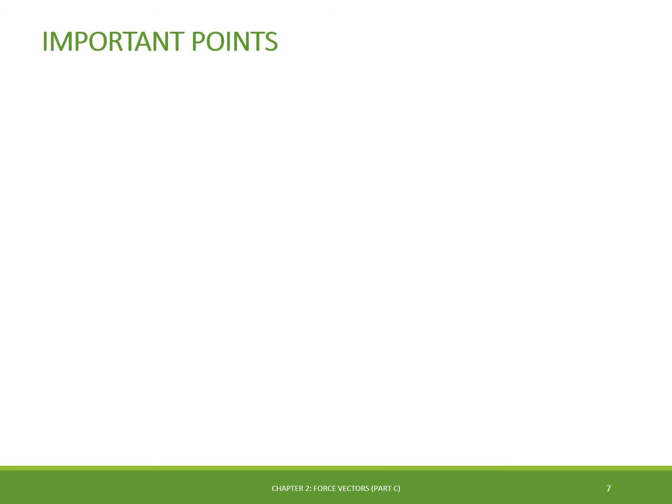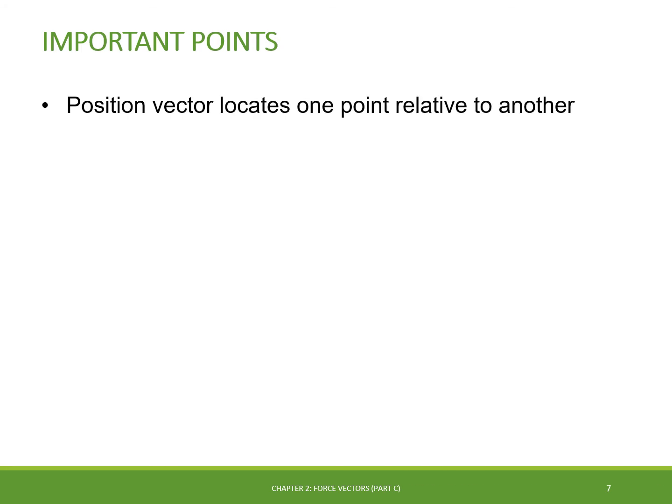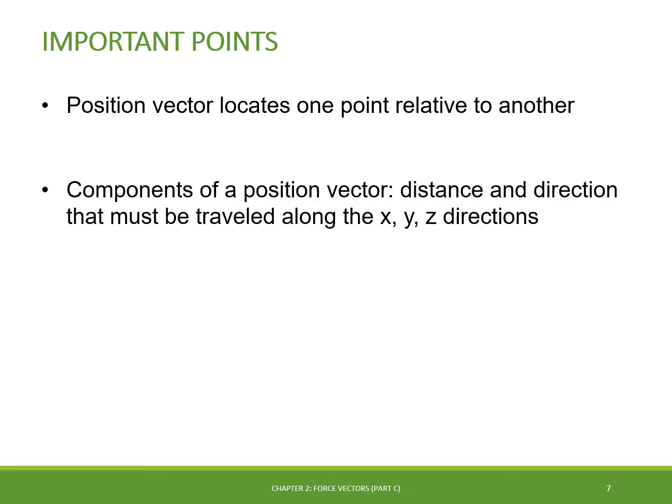Now, let's recap the important points regarding the concept of position vector and its applications. The first point is that a position vector locates one point in space relative to another point. The second point is that the easiest way to formulate the components of a position vector is to determine the distance and directions that must be traveled along the x, y, and z directions, going from the tail to the head of the vector.